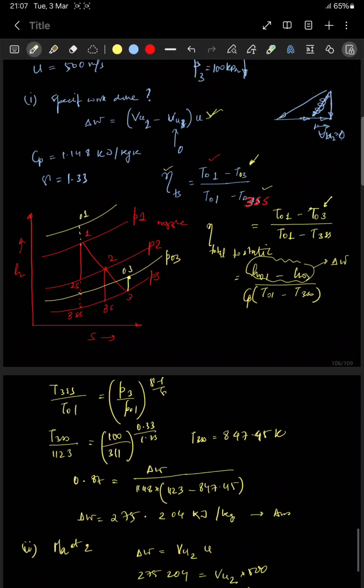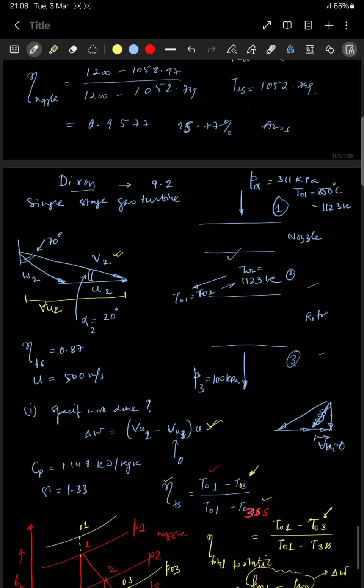We have this is alpha 2. This is beta 2, right?